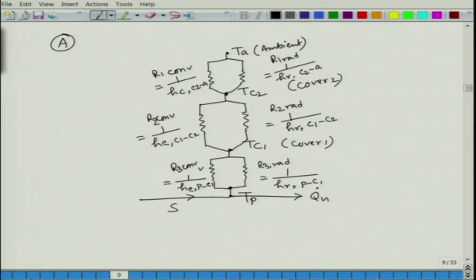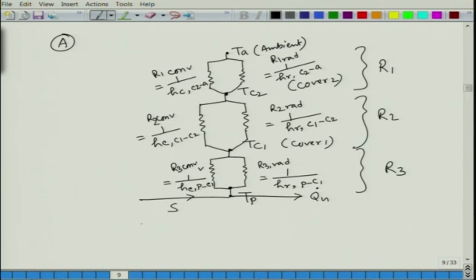So, together these convection and radiation resistances give you R1, then R2 and then R3.